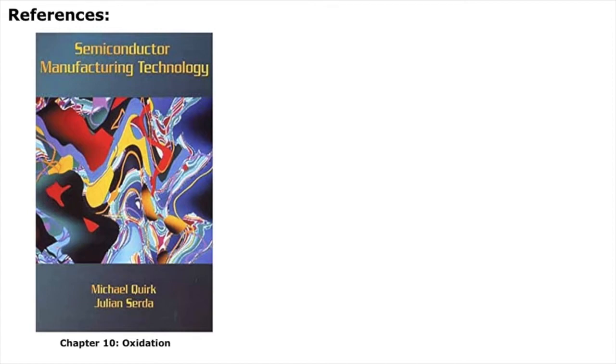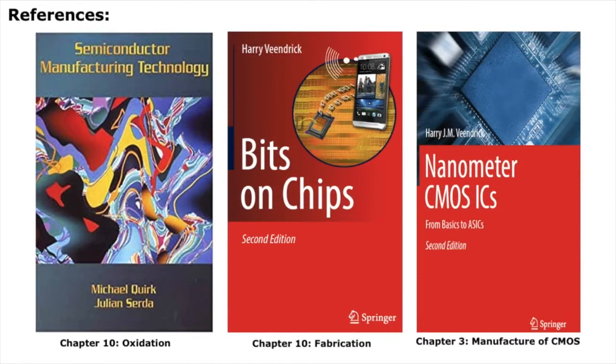Now I give two more books. They are very important and very interesting books, both authored by Harry Veendrick. One is Bits on Chips and the other is Nanometer CMOS ICs.